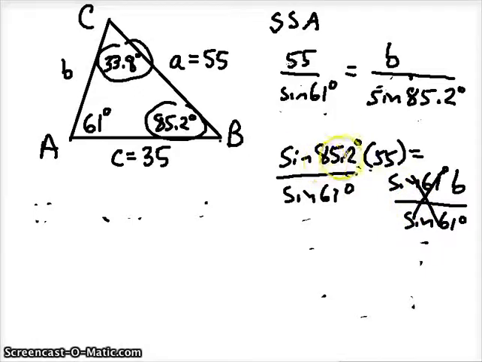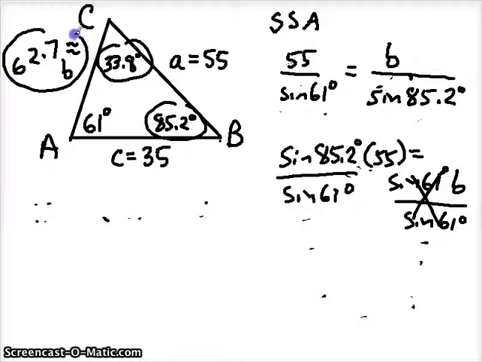So if I find the decimal value of sine of 85.2 and I multiply by 55 and I divide that value by the sine of 61 degrees, I get my side length for B. And it's approximately 62.7. And so we have now solved this oblique triangle.